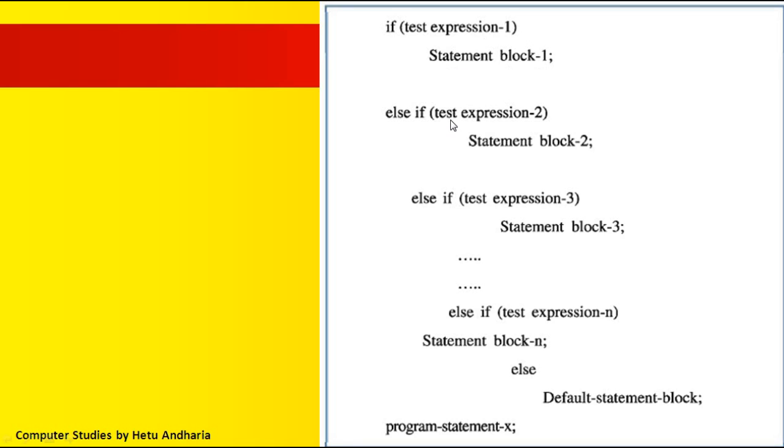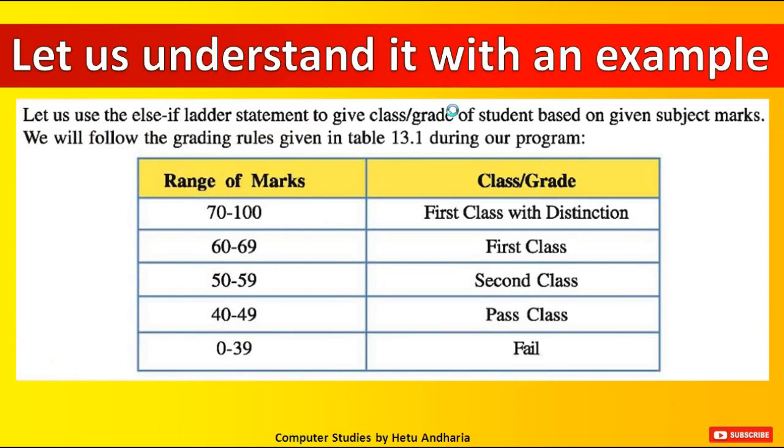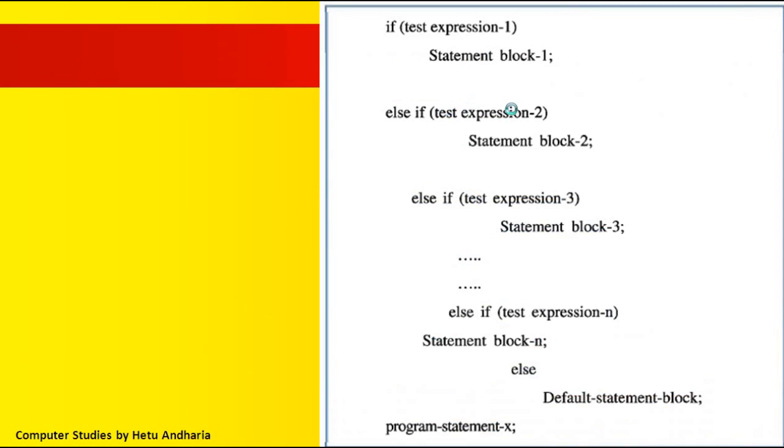Else if the marks are between 60 to 69, that will come in the second test expression, then print first class. If that condition also becomes false, then the third expression you can put here. Like this you can go on checking different conditions and go on giving different outputs.